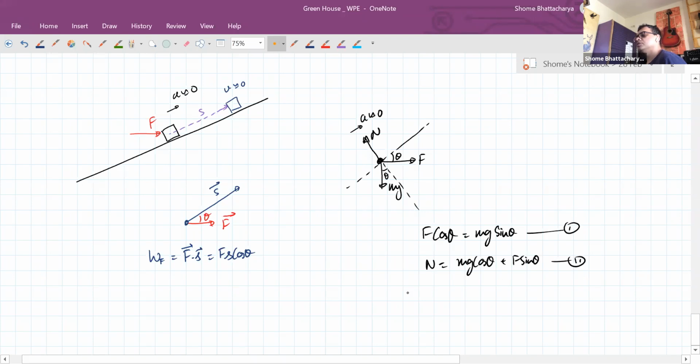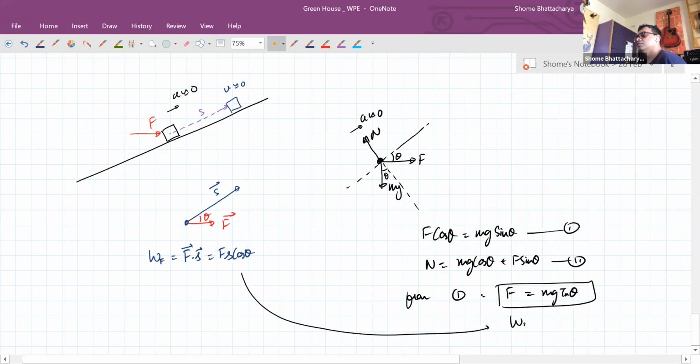So anyway, from the first equation, you can see that F is equal to mg tan theta. So from here you can see that work done by F is equal to mg tan theta into s cos theta. So your answer comes out to be the same as the first part.